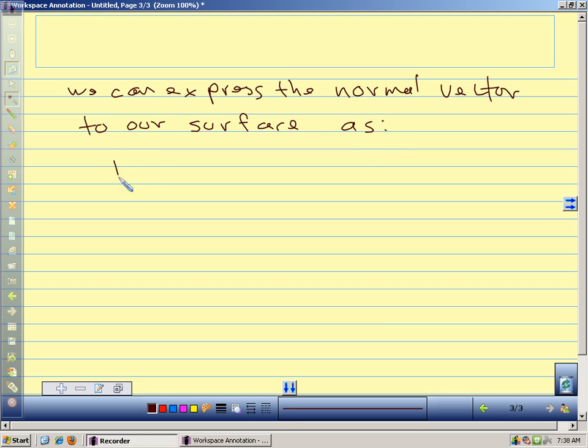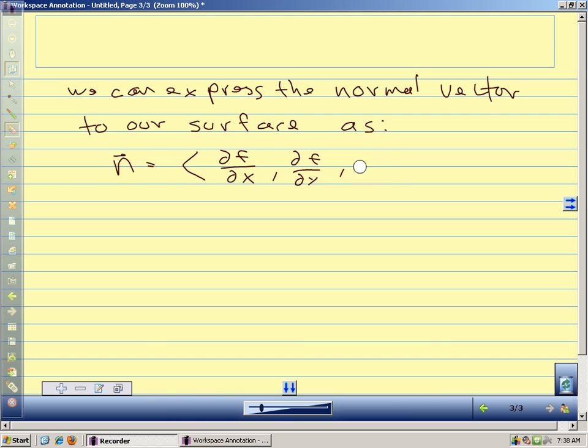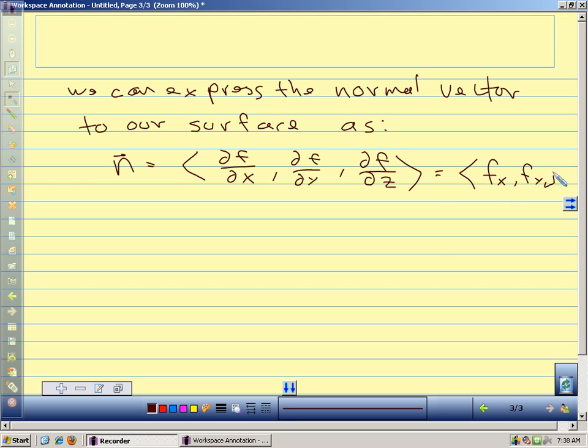We can say that n, our normal vector, is the vector df dx, df dy, df dz. Or the other way we can write it is with a different expression for our partial derivatives: f sub x, f sub y, and f sub z.